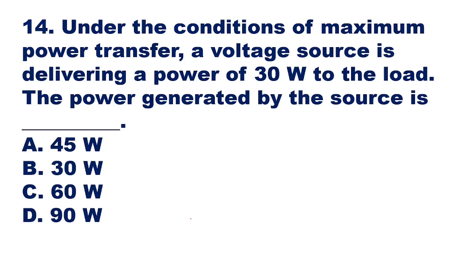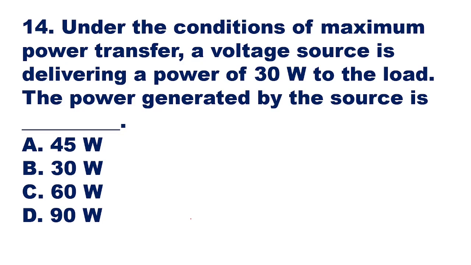Then we'll go to the next question. Under the conditions of maximum power transfer, a voltage source is delivering a power of 30 watt to the load. The power generated by the source is how much? Under the condition of maximum power transfer, the power generated by the source should be double of that, that is 60 watt, because our efficiency will be 50% for maximum power transfer.